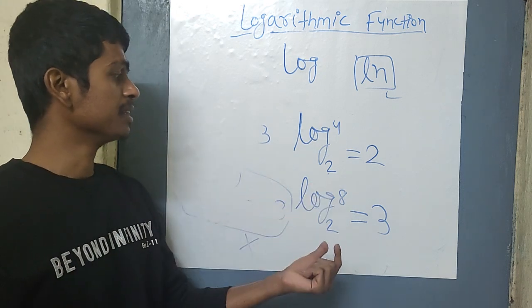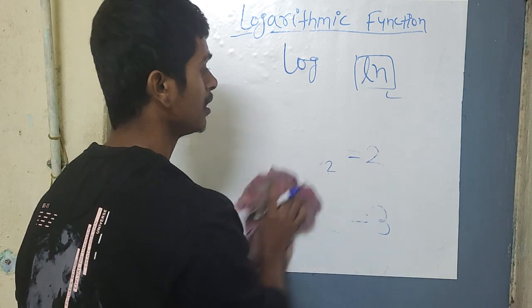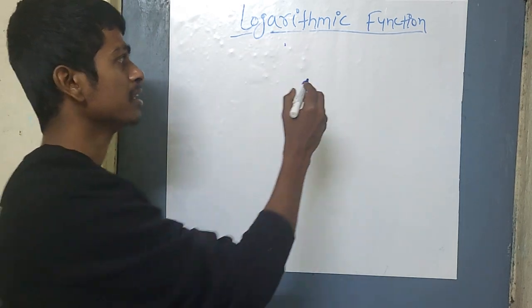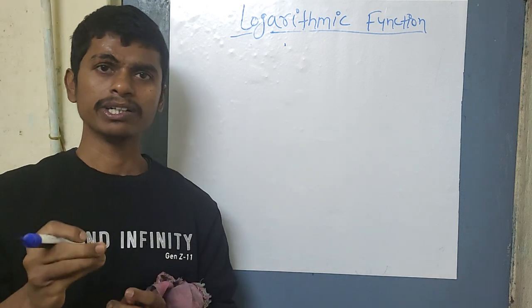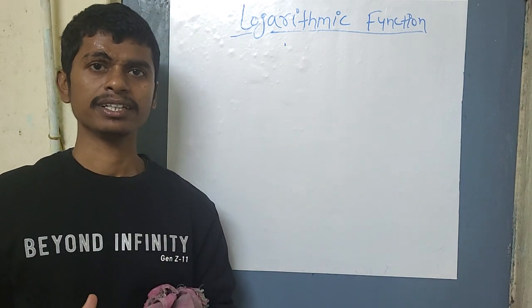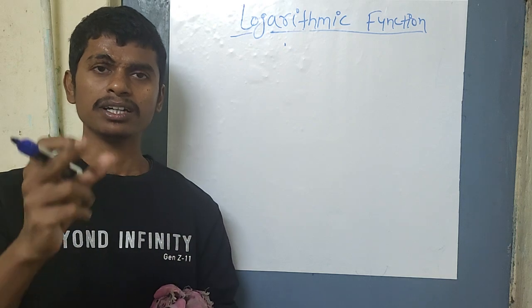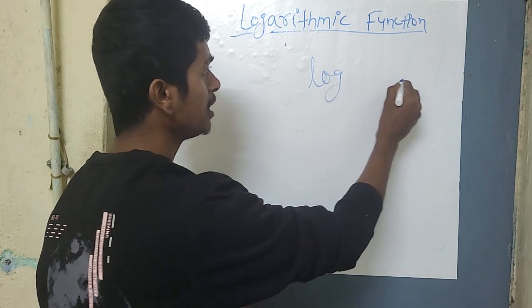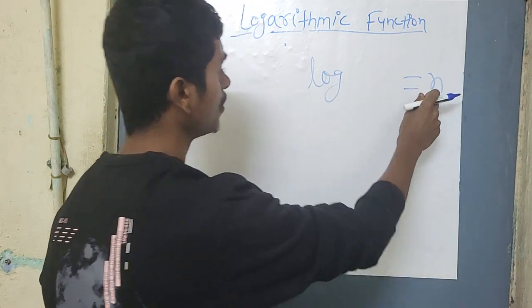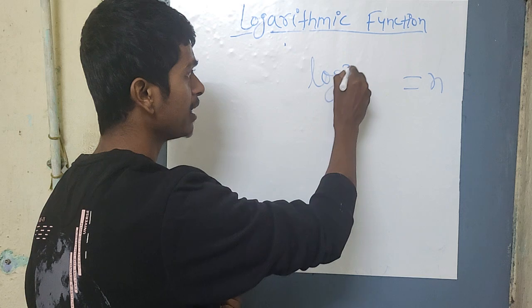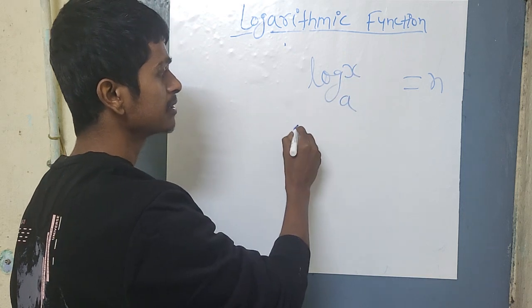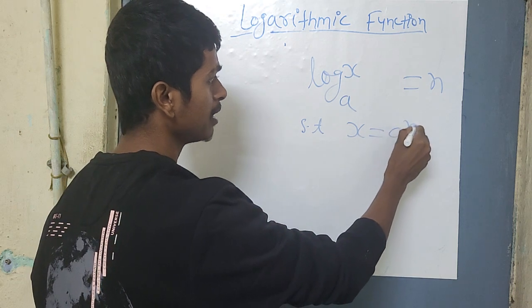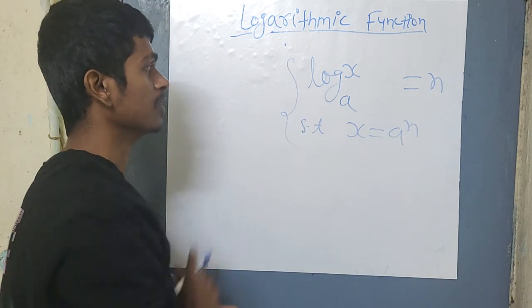So with the help of these examples, you can now make a definition: any number n is called the logarithmic value of x to the base a, such that a to the power n is equal to x. This is the definition of log.